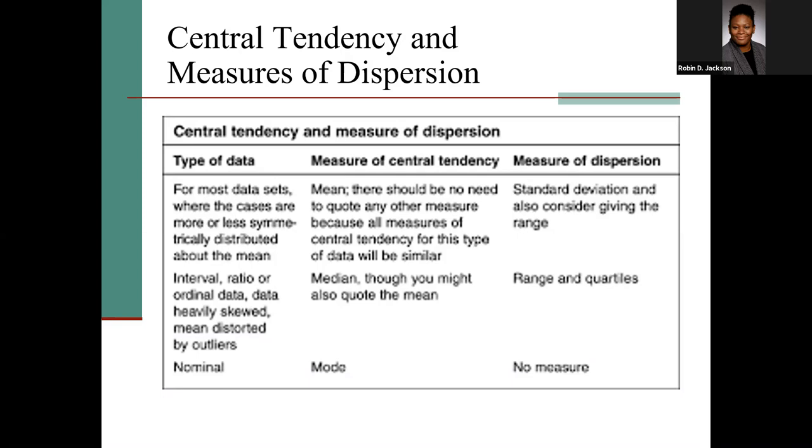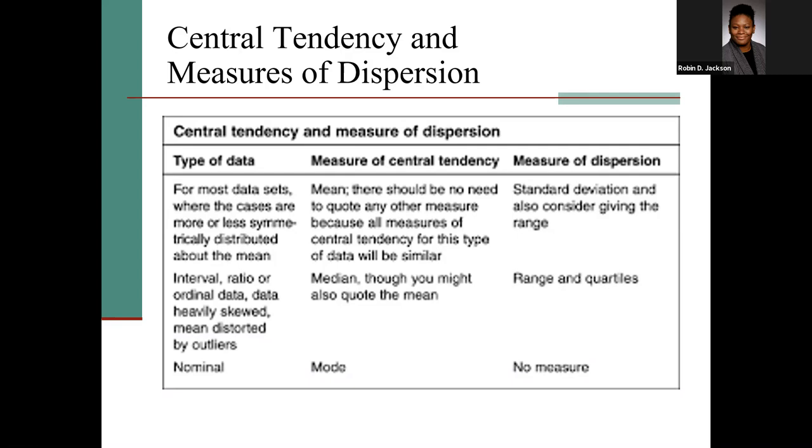Maybe take a screenshot of this, write the information down, however it is that you take in information and retain it. Keep this somewhere to study, because it's giving you information about the different types of data.